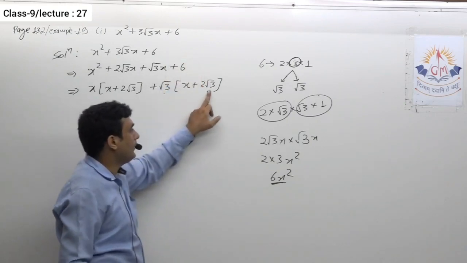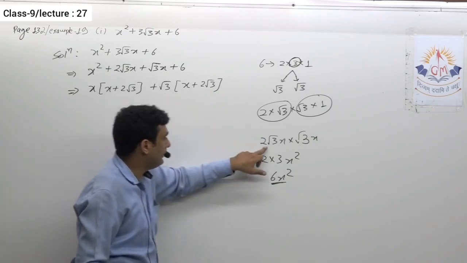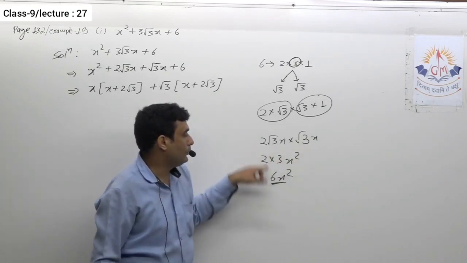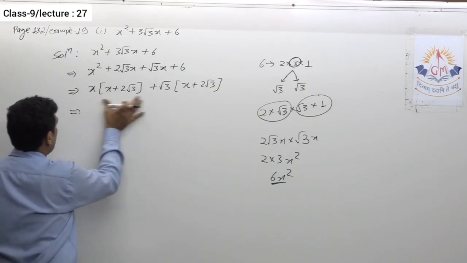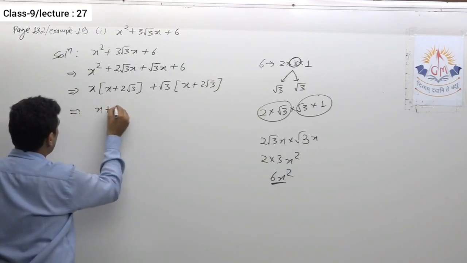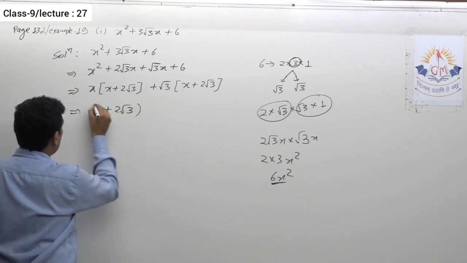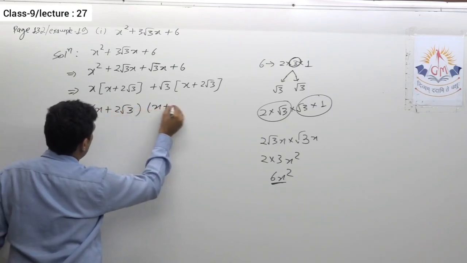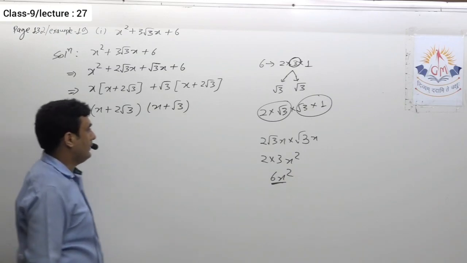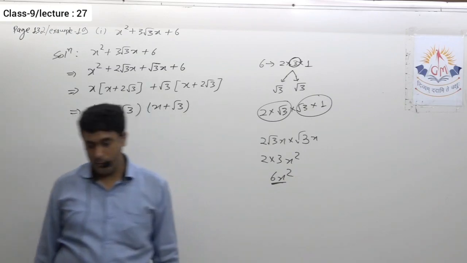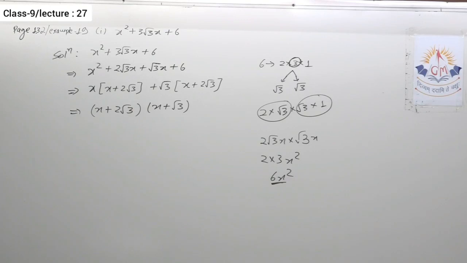Root 3 multiplied by 2 root 3, that is 6. Okay, so this is very easy. Now it is easy to take common from these two. So I took x plus 2 root 3 common, so I am left with x plus root 3. So these are the factors of the given expression. So please note it down.